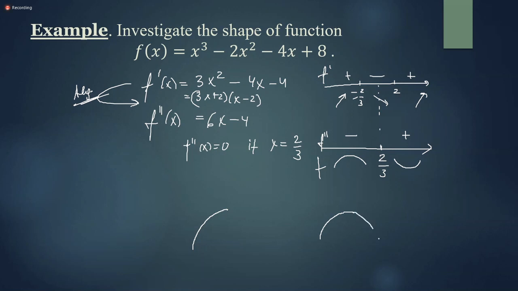Now at 2/3 there is an inflection, and it becomes concave up. It still goes down, reaches a minimum at 2, and then starts going up, still staying concave up.